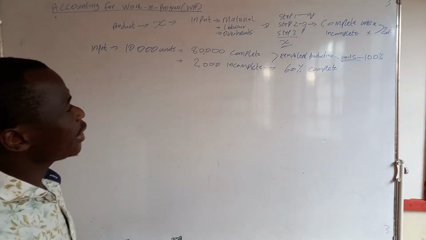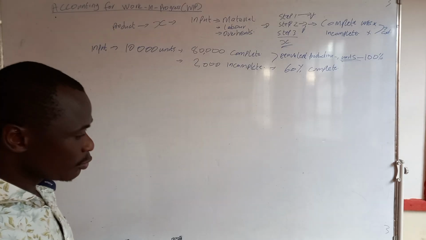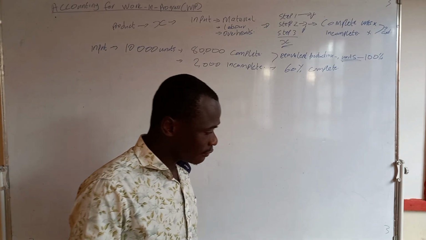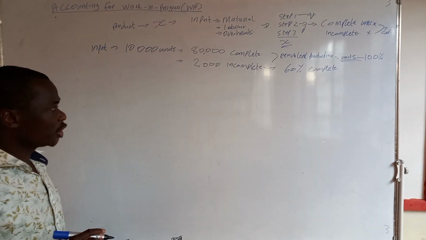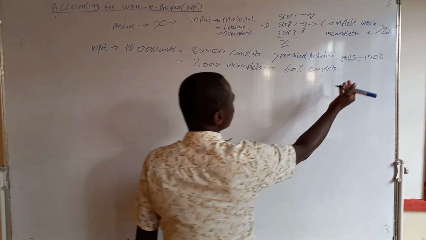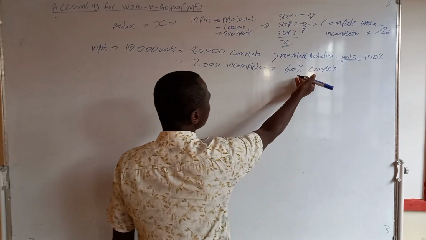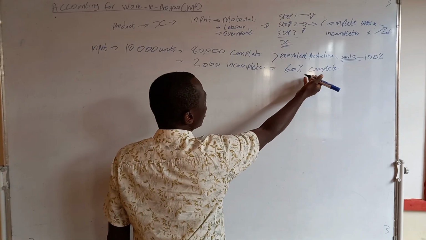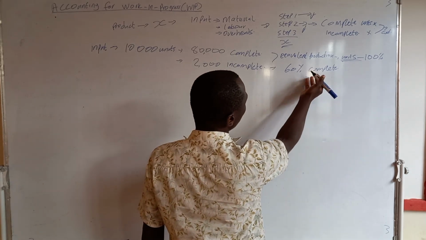Now, what is the equivalent production you are going to be accounting for at the end of the period? It will be the fully complete part plus the percentage part of the incomplete units.